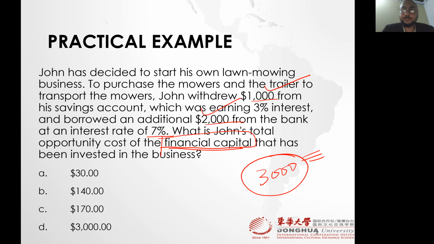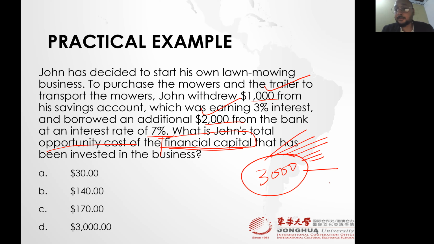Lancelot said it's D. That is the investment, not the cost. That's why I wrote it down here. Sorry, investment. But we are talking about the total opportunity cost.